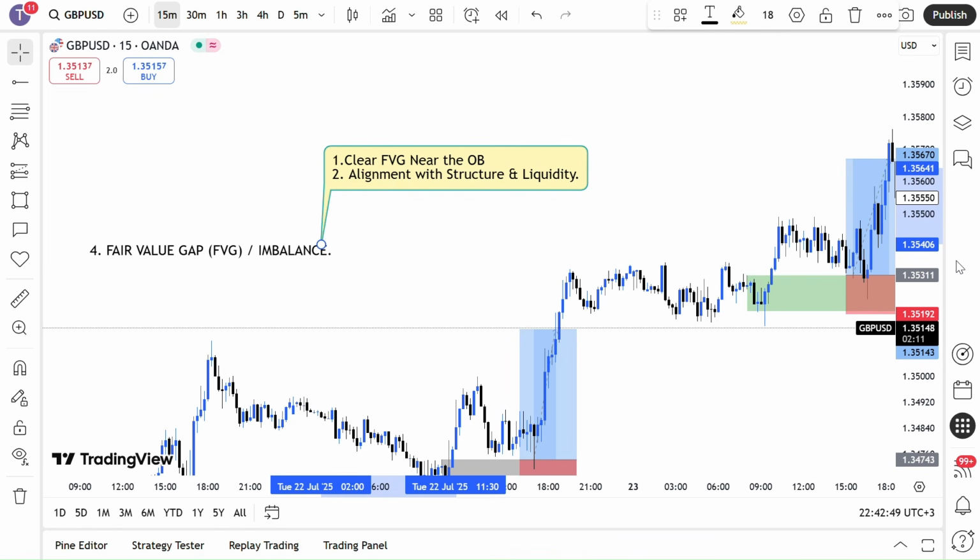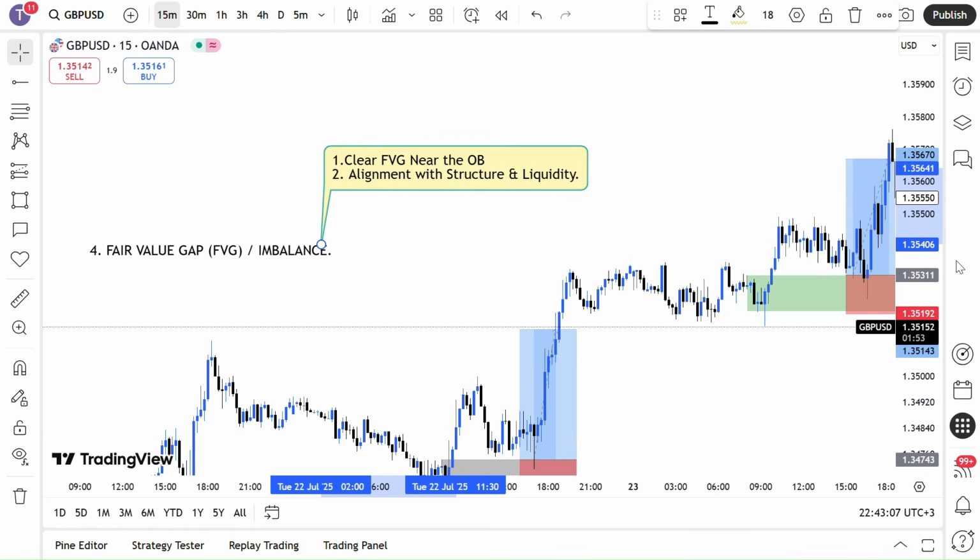Let's say maybe you are trying to buy, and here you have to look for that liquidity, the inducement that is just above an order block, and at that point of that order block there is a fair value gap just above it.